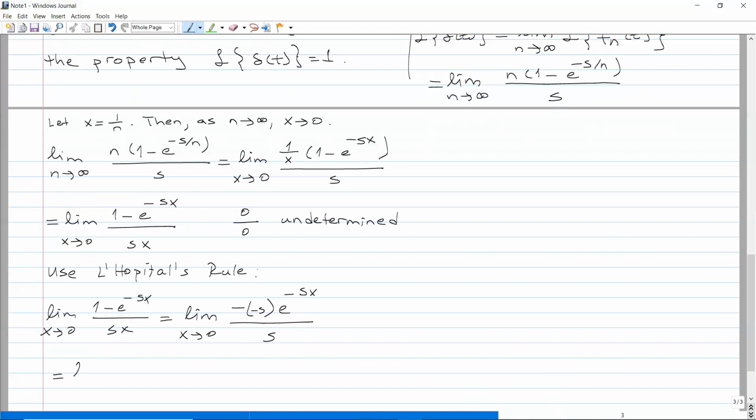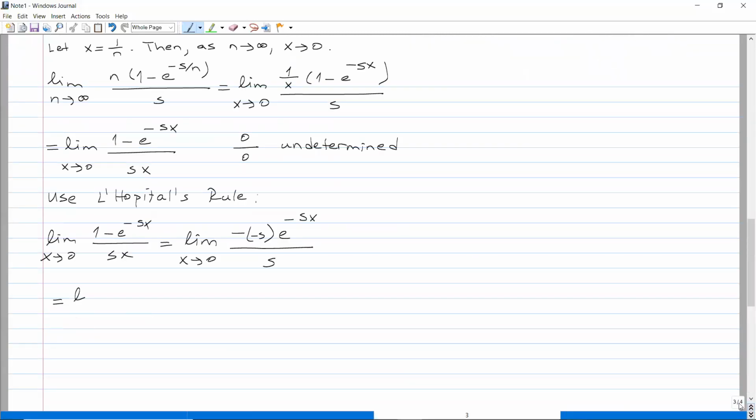So if you simplify, we have e to the minus sx. As x goes to 0, e to the 0, the limit is 1. So that means the Laplace transform of this function delta t is equal to 1.